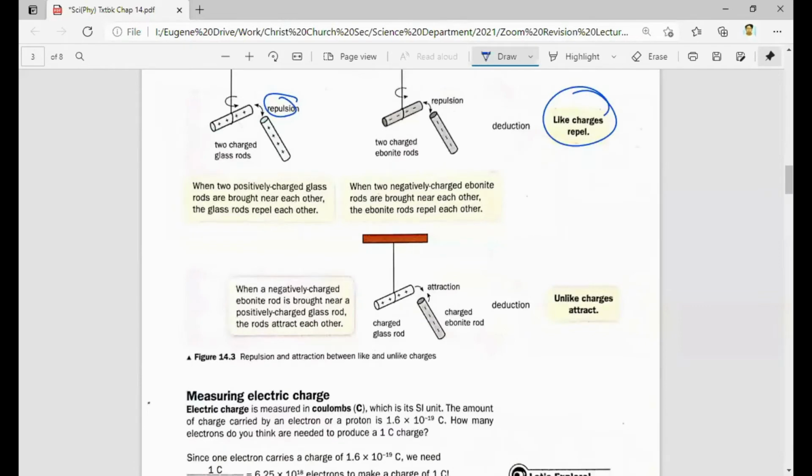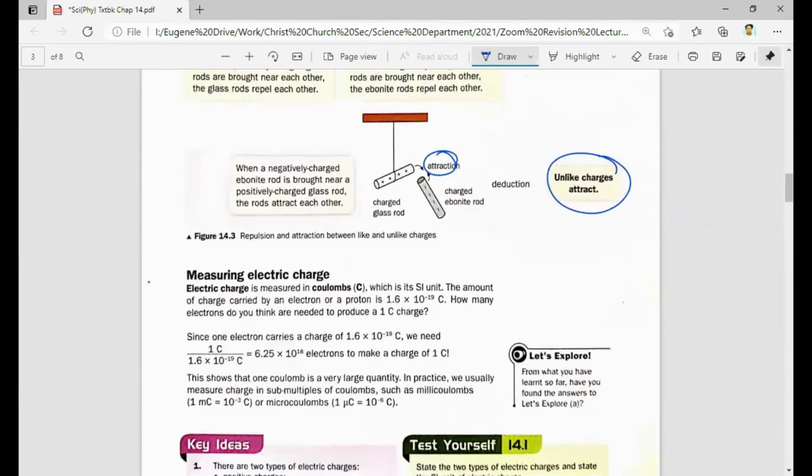But when I have one negative and one positive charge brought close to one another, what I'm going to get is unlike charges attracting. So two positive brought together, repel. Two negative brought together, repel. But if one positive, one negative are brought together, they will attract. So this is the first part here.